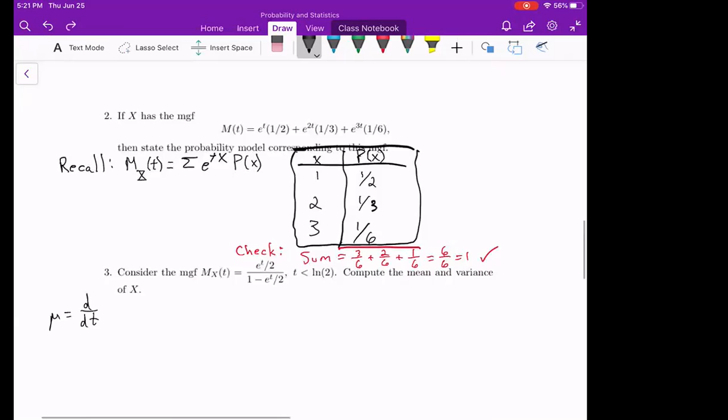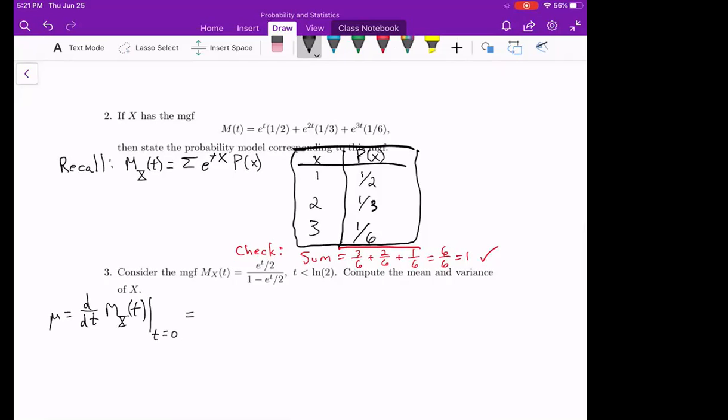So d dt of the MGF. And when we get that, we're going to evaluate at t of 0. And it's always going to be 0. It's not a subjective choice. It's always evaluated at 0.